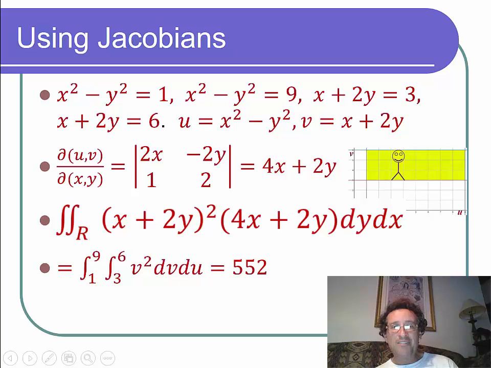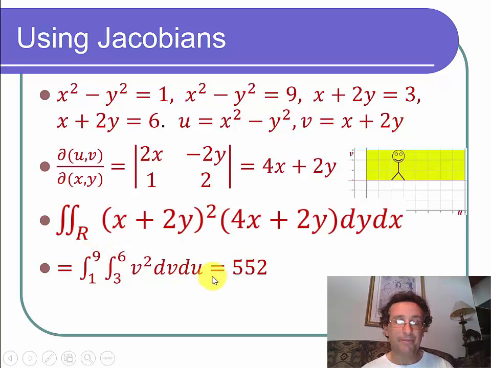And the good news is I have a 4x plus 2y. And 4x plus 2y times 1 over 4x plus 2y is just 1. So then it all simplifies. And then dv du. It's a very simple integral. You could do this in your head, you could write it out, you could use a computer. I don't really care. It's a very basic one. I got 552.